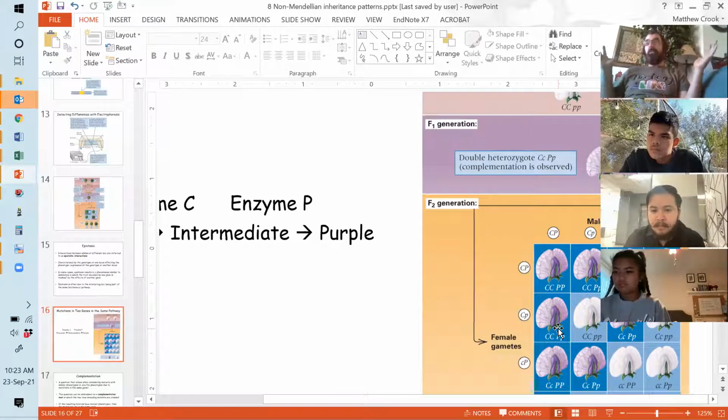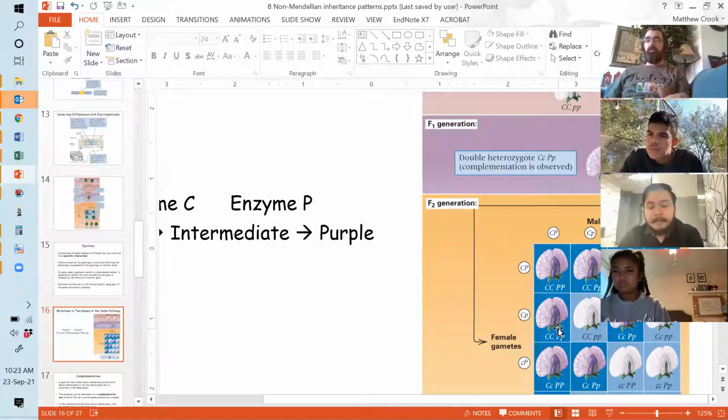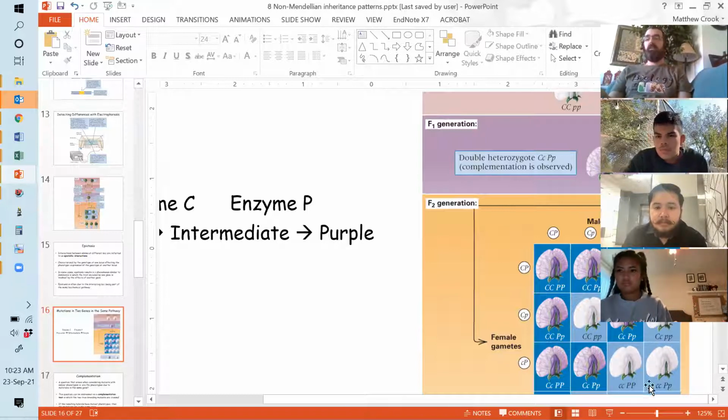So it's fully functioning, two copies of the dominant allele, doesn't matter. You will not see the purple phenotype because for the other gene, that genotype is being masked. And it doesn't matter in this case which way round that is.